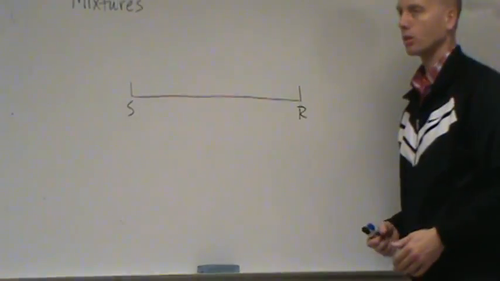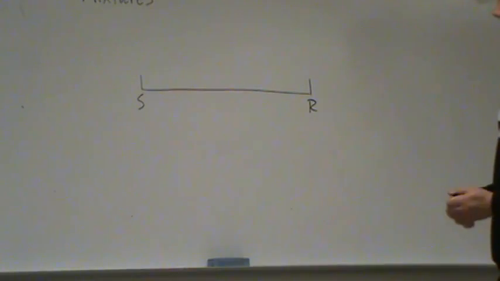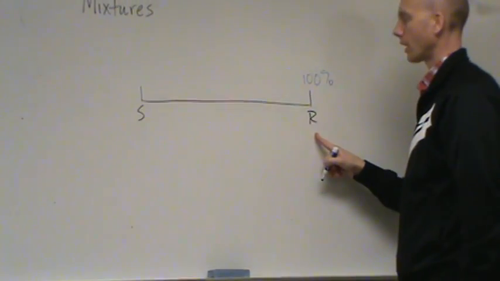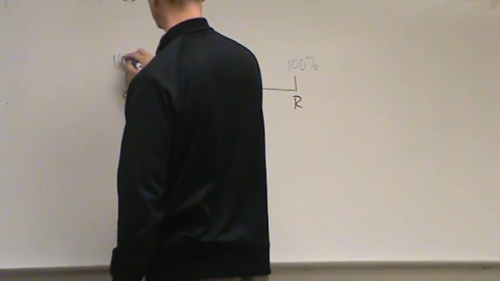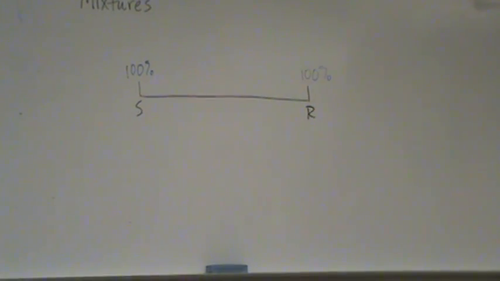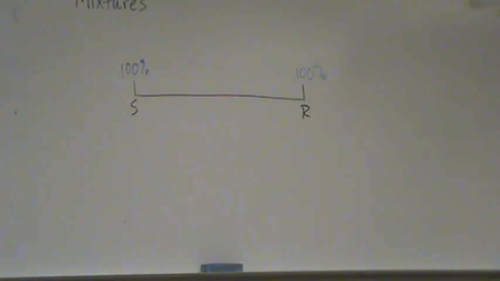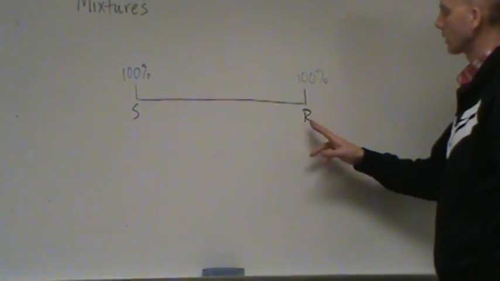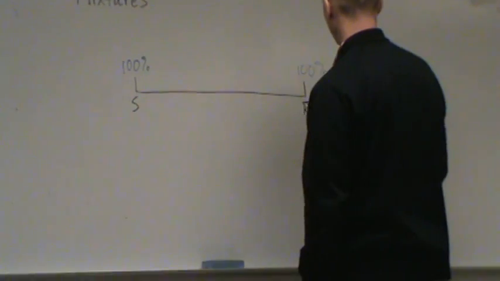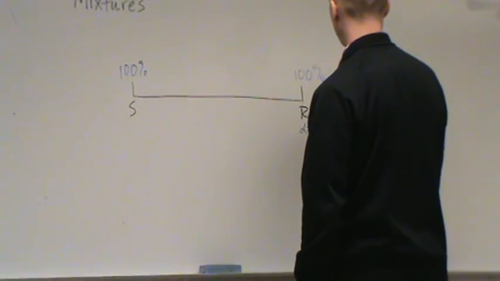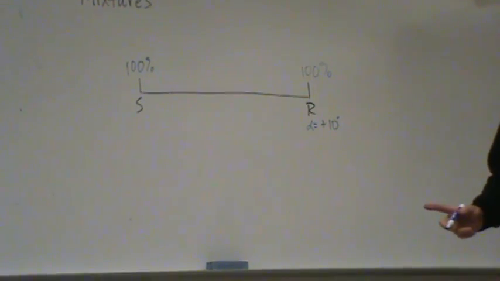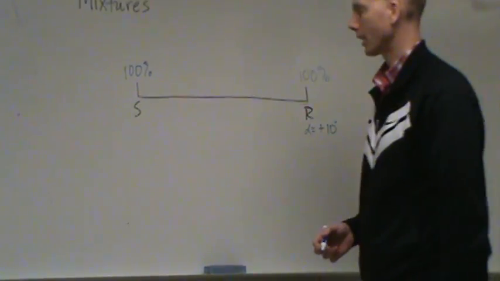Here's the S enantiomer, whatever it is. And at these extremes, let's say we have 100% of the R and 100% of the S down here. And let's say that the R had an alpha value. Let's make up one. Let's say that the R has an alpha value of plus 10. Well, if I know that, what does the S have to be? Negative 10.